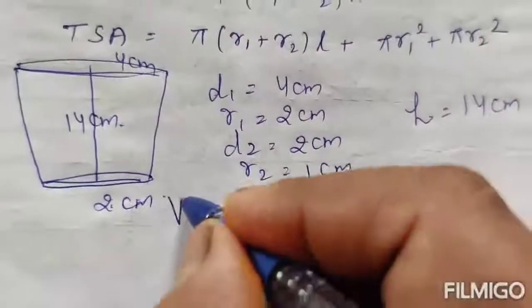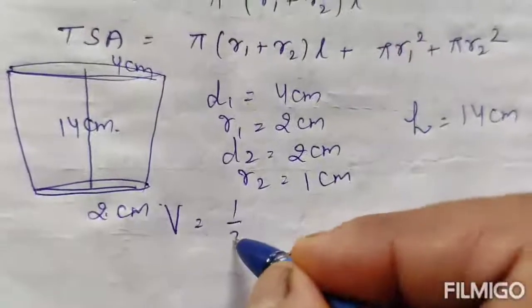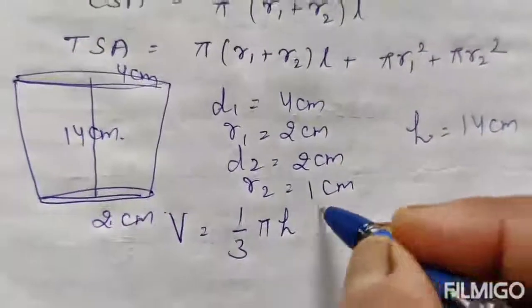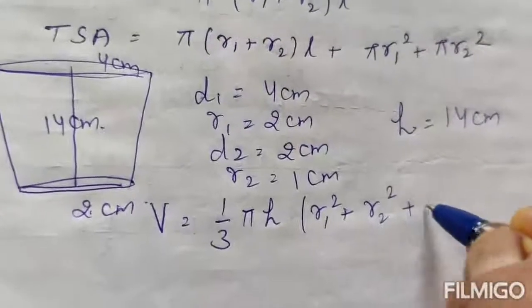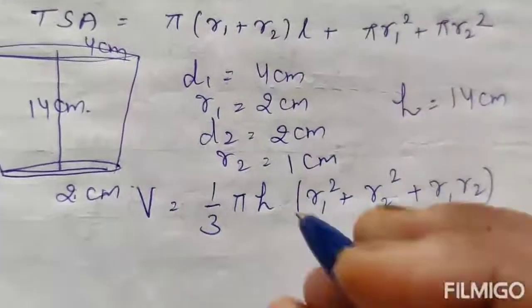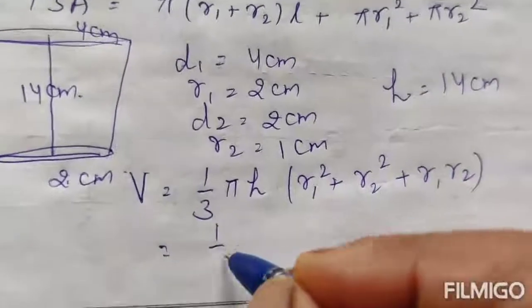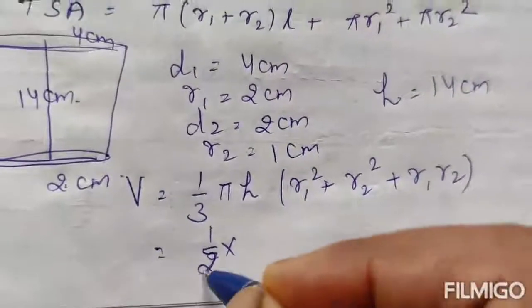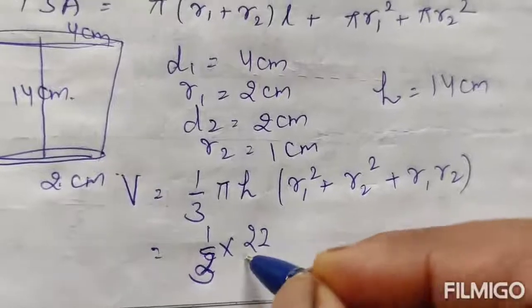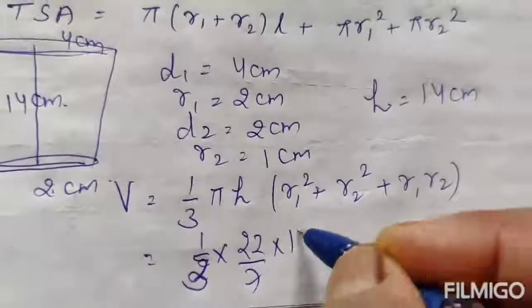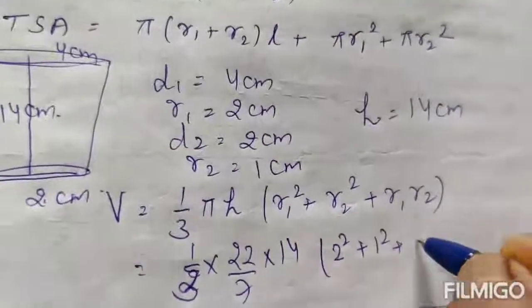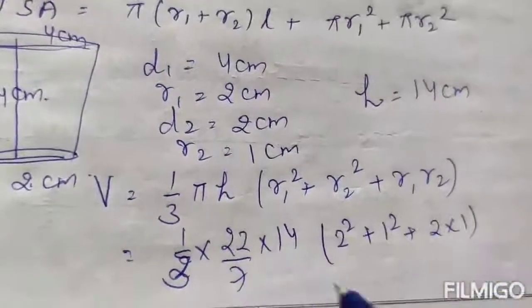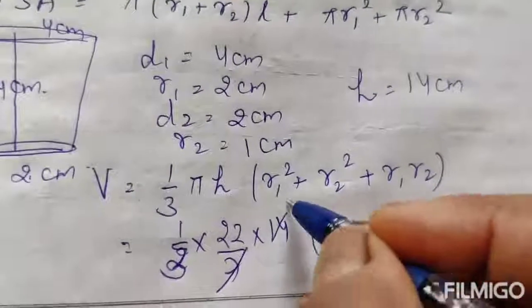Now the formula of volume is 1 by 3 pi h times R1 square plus R2 square plus R1 R2. Now put in the values: 1 by 3, 22 by 7, height is 14, and 2 square plus 1 square plus 2 into 1. 7 twos are 14.